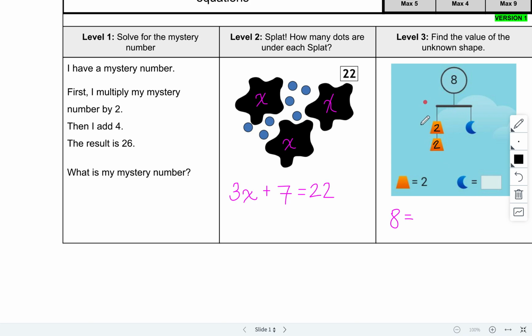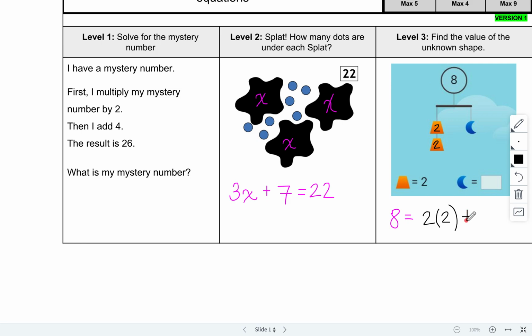So we know that there are 2 orange blocks which each weigh 2 pounds. 2 plus 2 is 4 pounds. Another way you could write this is that there are 2 orange blocks and they each weigh 2 pounds, so you can multiply them together, which is going to give you 4. We'll simplify that in a minute.